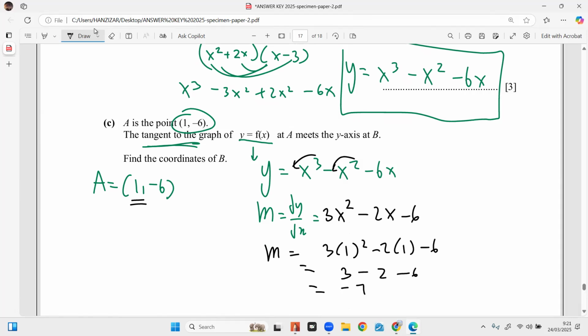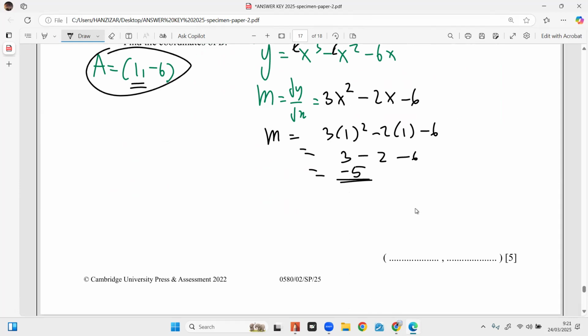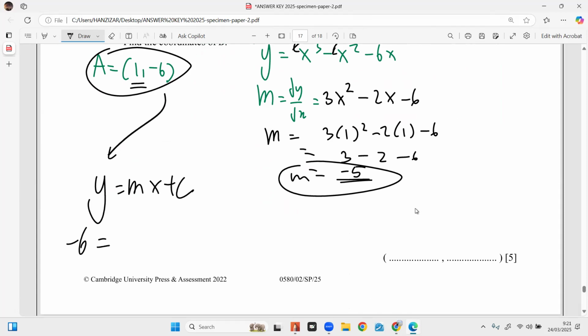Hey, no, -5. We have A and m, A and the gradient. Put y equals mx plus c. The y is -6, m is -5, x is 1, plus c. Now we get c as -1, right?